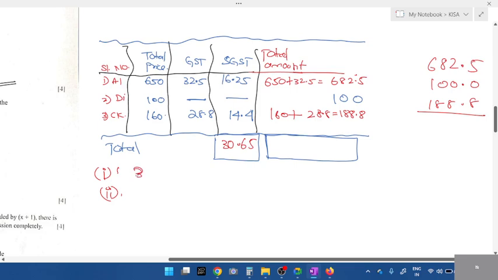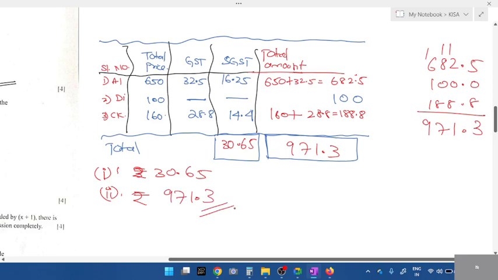So the first one is rupees 30.65. The second one is rupees 971. Is this the answer? All of you got this? 971.3.